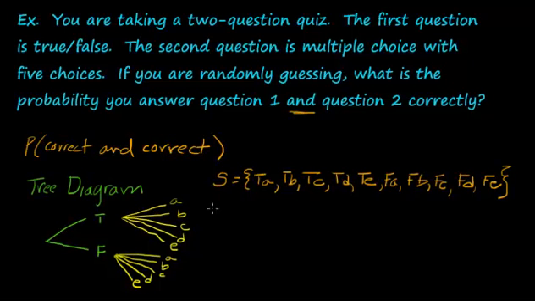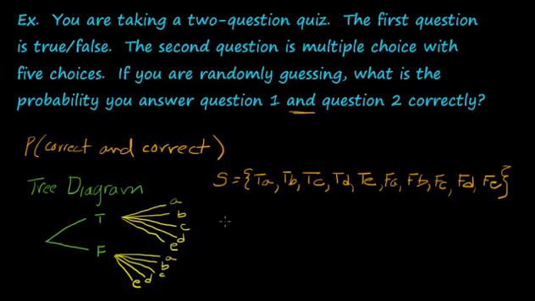Okay, so how many of these will get us correct and correct? Well, obviously only one. Only one of these is the result of the correct answer for question number 1 and the correct answer for question number 2. If you're randomly guessing, then this is a problem where you have equally likely outcomes, right?